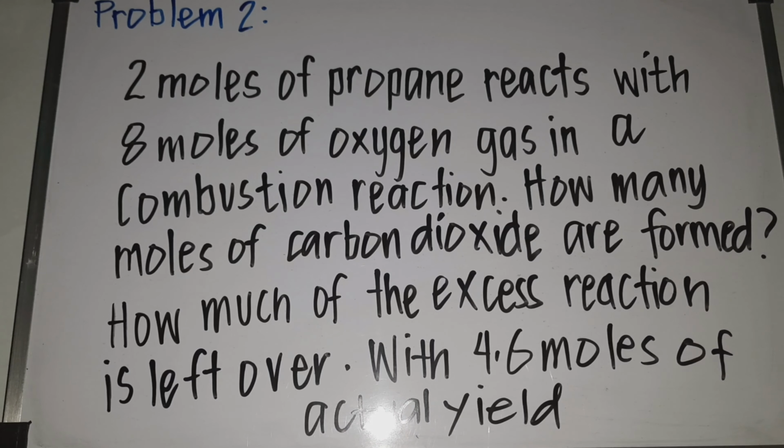So here in problem number 2, we are going to find the excess and limiting reagent as well as the percentage yield, because we have a given actual yield, and we are going to find how much is the excess or the leftover in our excess reactant.